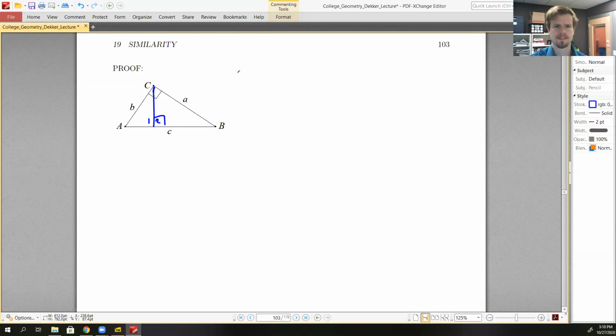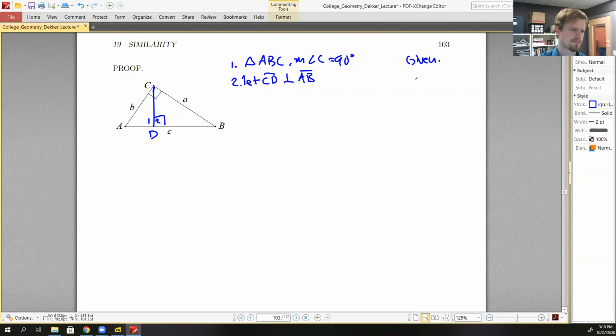So, first step, observe the givens. We're given triangle ABC, where the measure of angle C is equal to 90 degrees because it's a right triangle. All right, so let CD be perpendicular to AB.